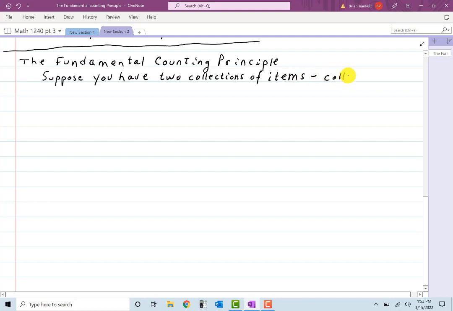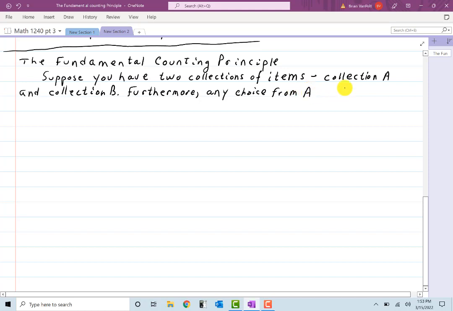Let's call them collection A and collection B. Furthermore, any choice from A does not influence any choice from B, and vice versa.